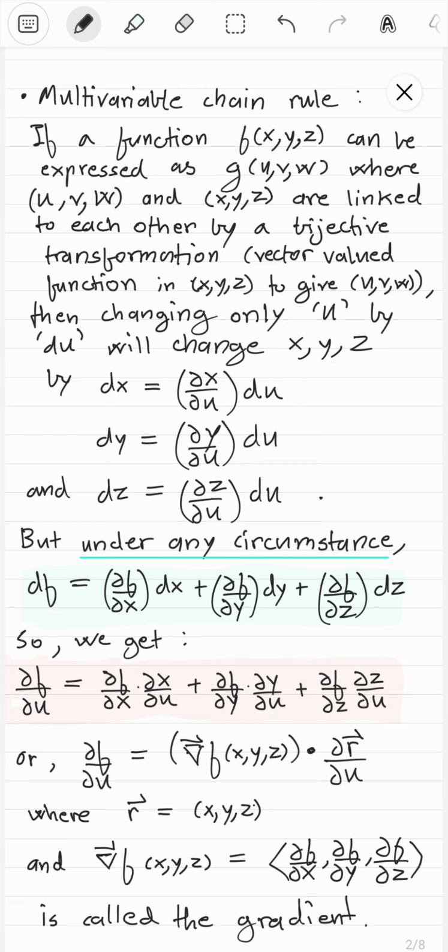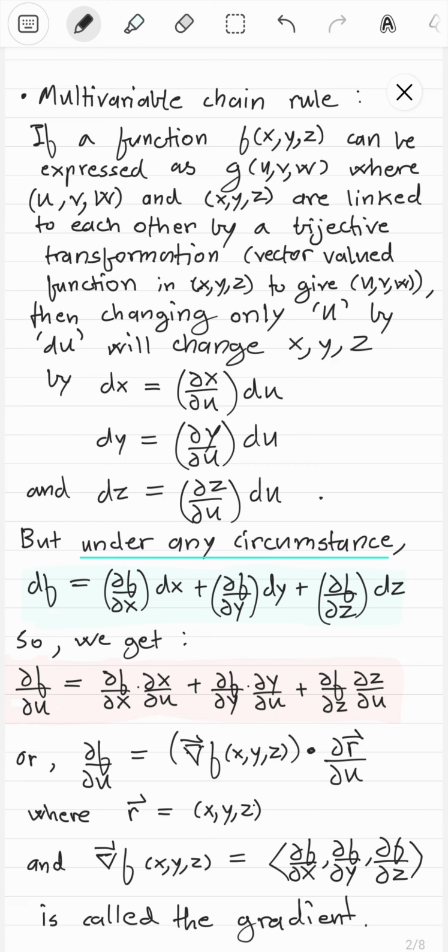Then changing only u by amount du will change x y z by these amounts dx, dy, and dz. Well, they are given by partial x upon partial u times du, and partial y upon partial u times du, and partial z upon partial u times du, right?